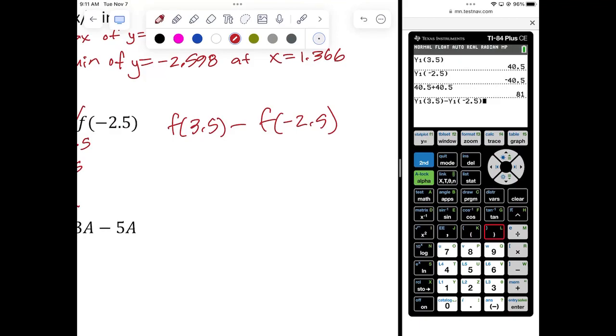I don't have to worry about writing down intermediate answers. I don't have to worry about storing those values if they don't go to 3 decimals. I'm just letting the calculator compute everything, and it's giving me one answer at the end, 81. See how that works? That's why we like to do it from the home screen. We can actually perform algebra.